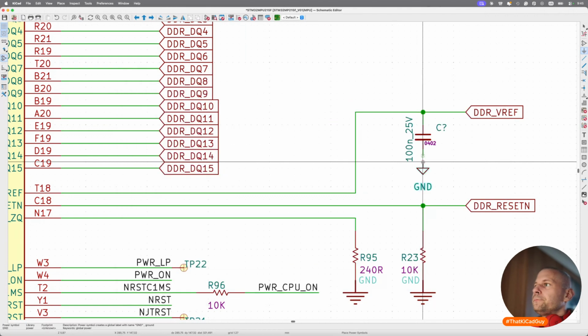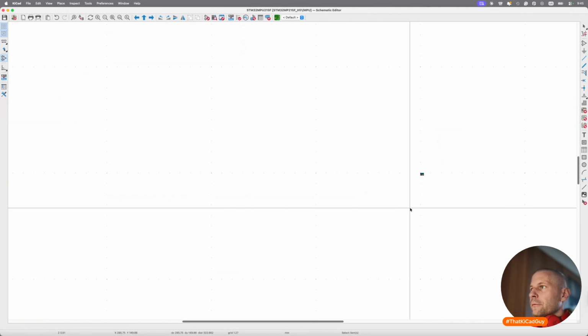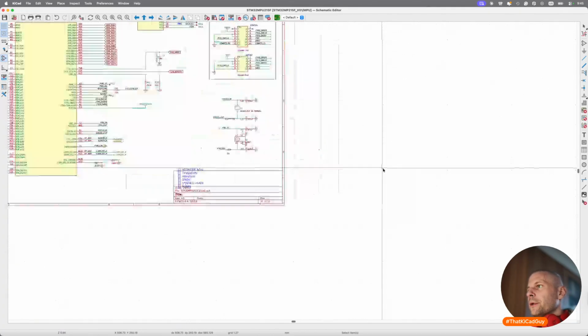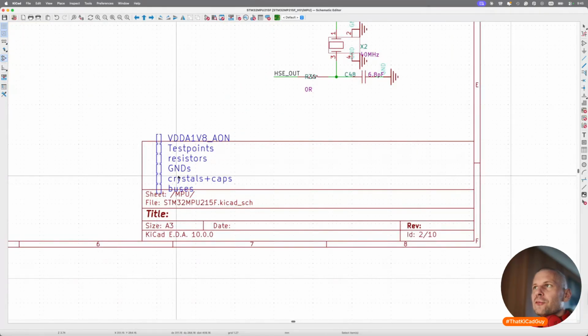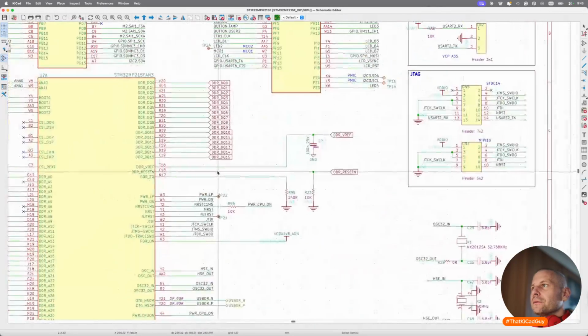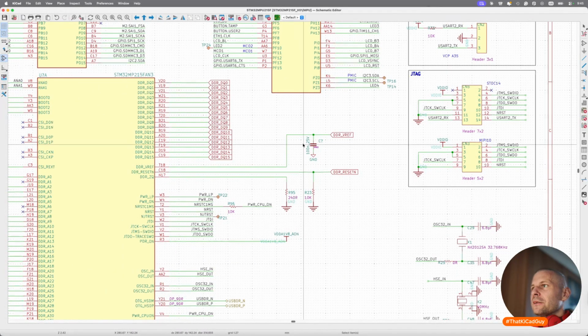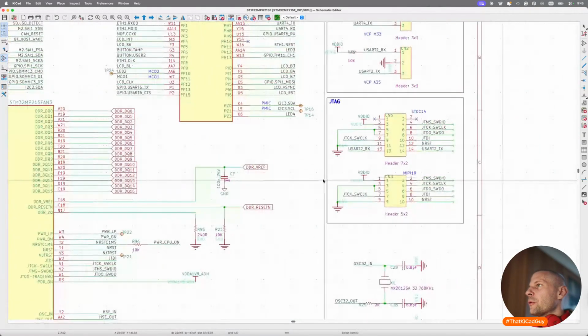Ground. You maybe remember that we have to change all the grounds and power points and power symbols. So I can now place the final symbols and final power ports, power symbols.